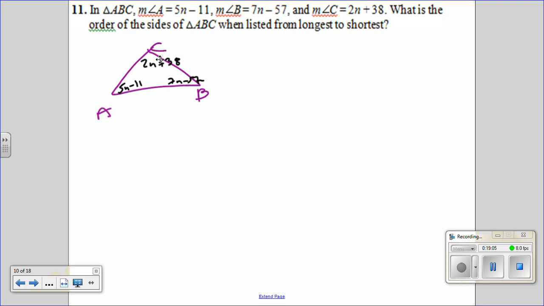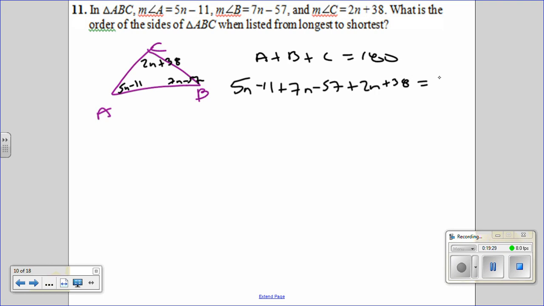Order the sides from longest to shortest. We know from previous lessons that all angles will add up to equal 180 degrees. So that means 5n minus 11 plus 7n minus 57 plus 2n plus 38 will equal 180.